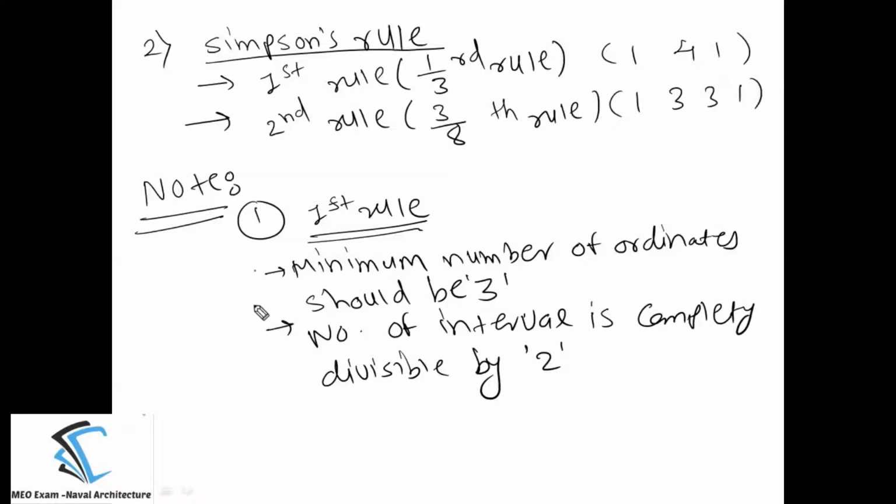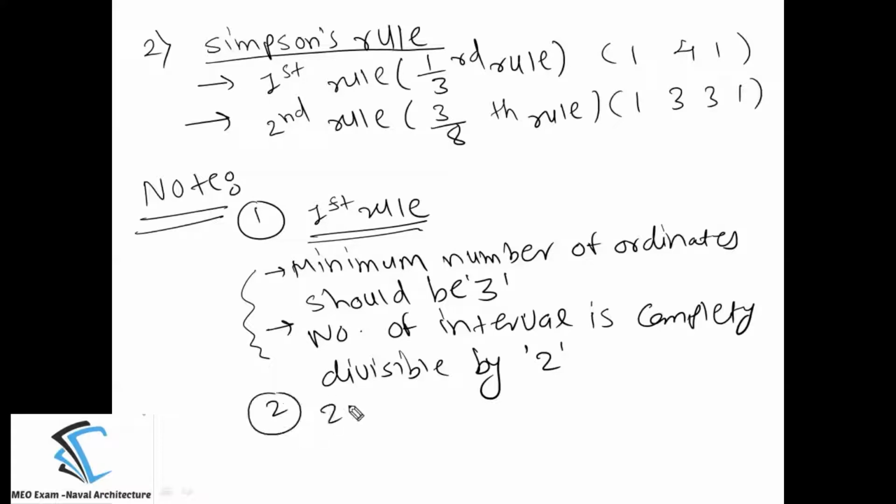This is the same as the trapezoidal rule. Which rule is applicable, whether the first rule or the second rule, you have to see the number of ordinates and then decide. It has to satisfy these two conditions.